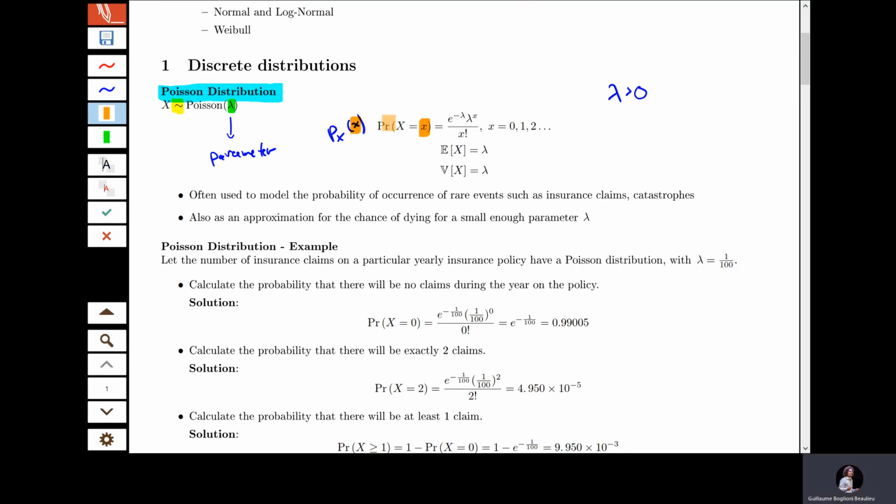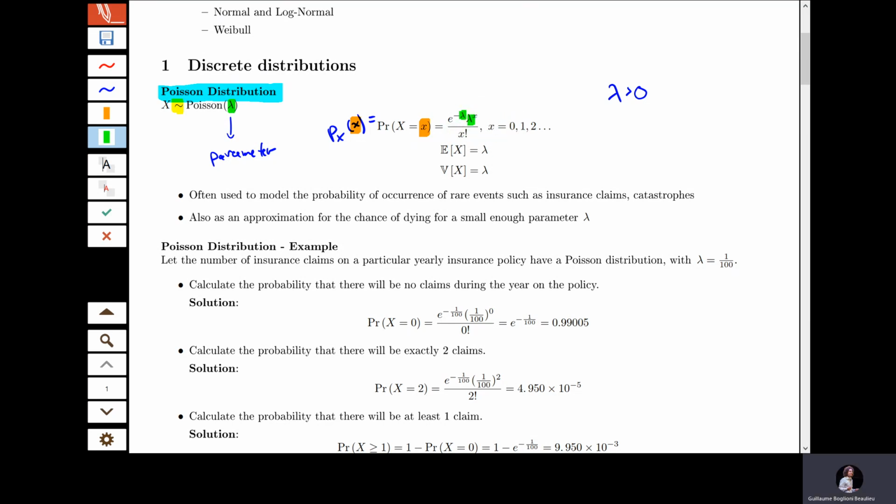And as you know, it's then a function that gives me the probability that the random variable, which has Poisson as distribution, takes a specific value little x. And this probability is given in the case of the Poisson by this expression. And this expression is a function of the parameter lambda. And again, lambda, depending on the context, can assume different values.